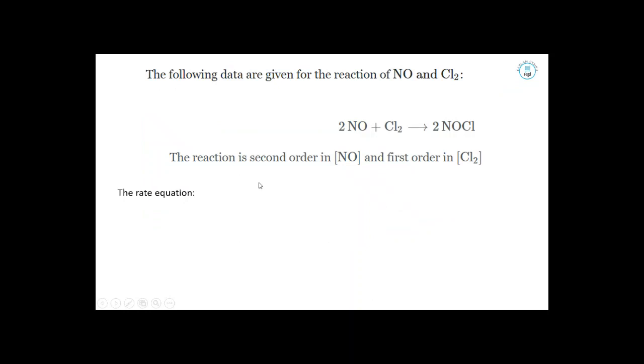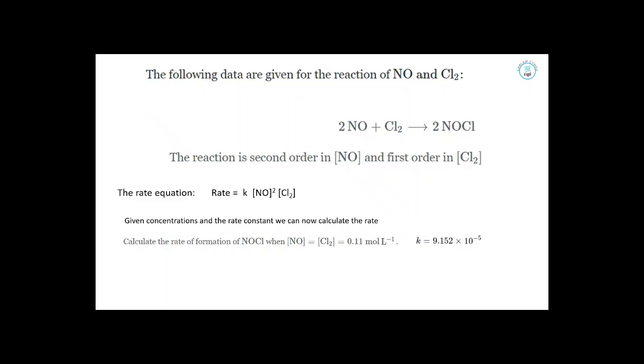So let's look at a question, and this is off an exam paper. It tells you the order of the NO and the chlorine. So if we were to write that as a rate equation, we've got rate equals a rate constant times the NO raised to the power of 2 and the chlorine raised to the power of 1. A really simple question might be, they might give you some concentrations and ask you to calculate the rate.